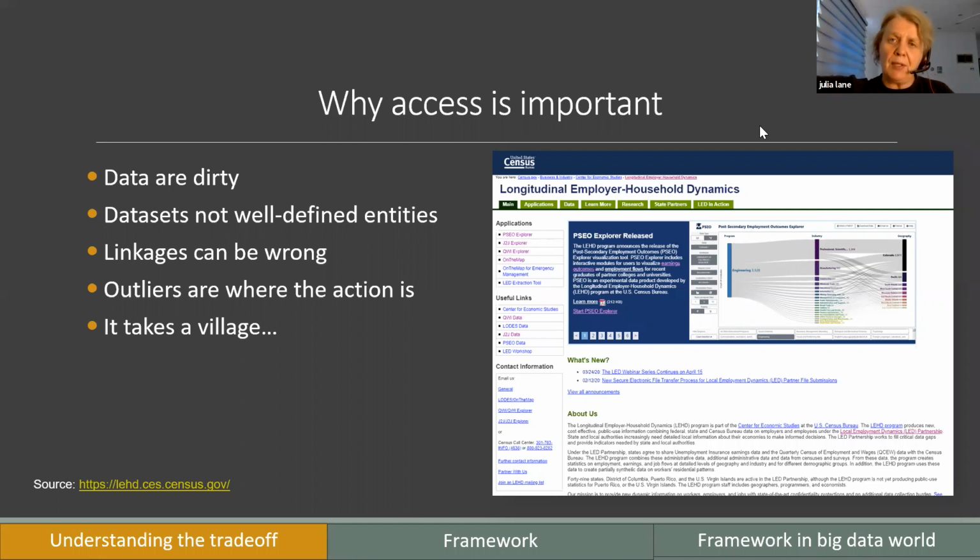Another reason that access is important is that although data can be anonymized to the extent that the average individual behavior can be described, much of the interest and the driving forces in economic and social activity is in outliers.